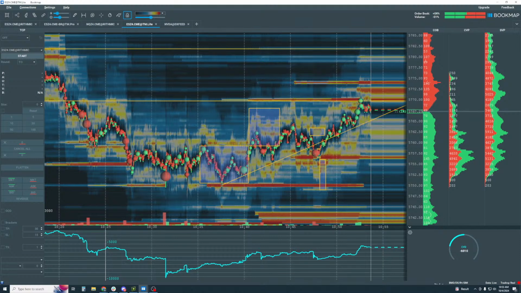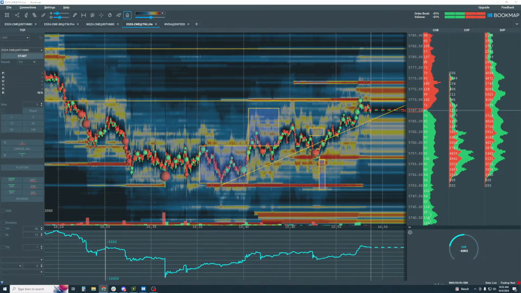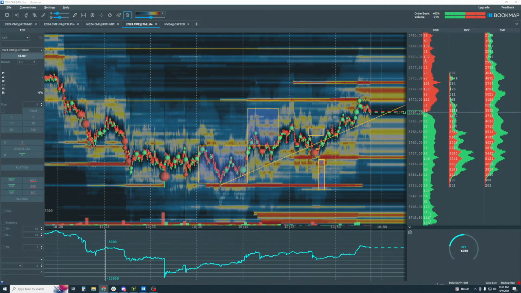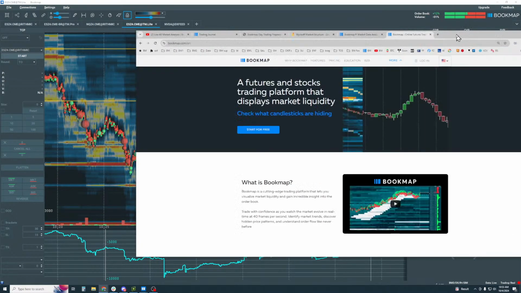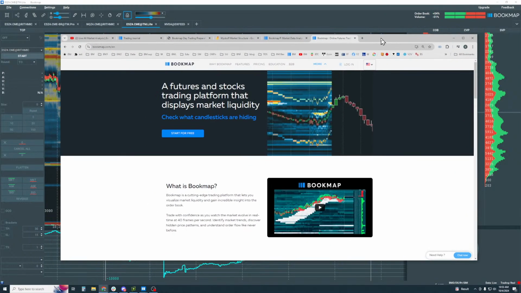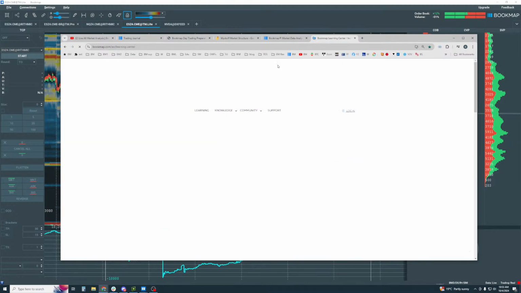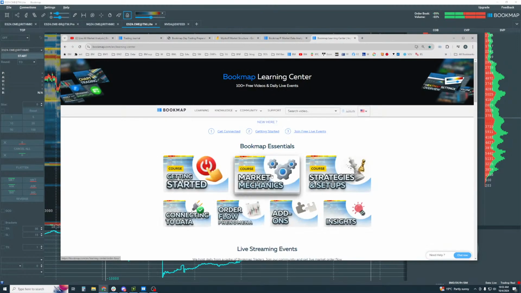Let's also go over another thing in here, John, I think would be very helpful. I forgot to show this earlier. If you go to bookmap.com, this will be very helpful for you. Go to bookmap.com and then click on education here. That'll take you to our Bookmap Learning Center, and you can go through these little courses that we have.